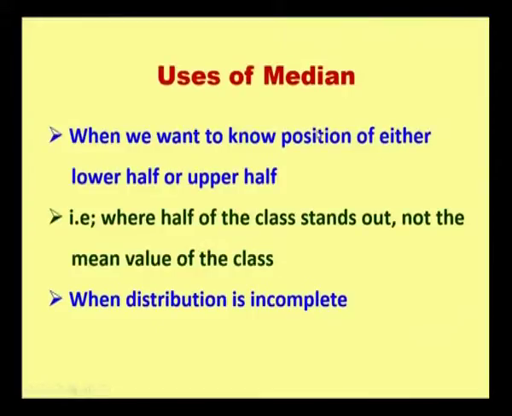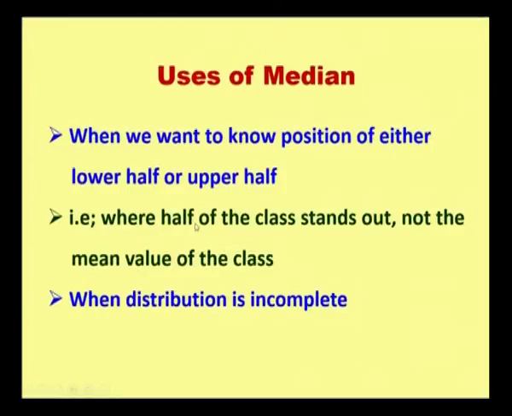And now, let us discuss what the uses of median are. When we want to know the position of either the lower half or the upper half, that means if you want to know which central value is dividing the data set into two equal parts, lower and upper, then we can go for the median. Here we are not calculating the mean.